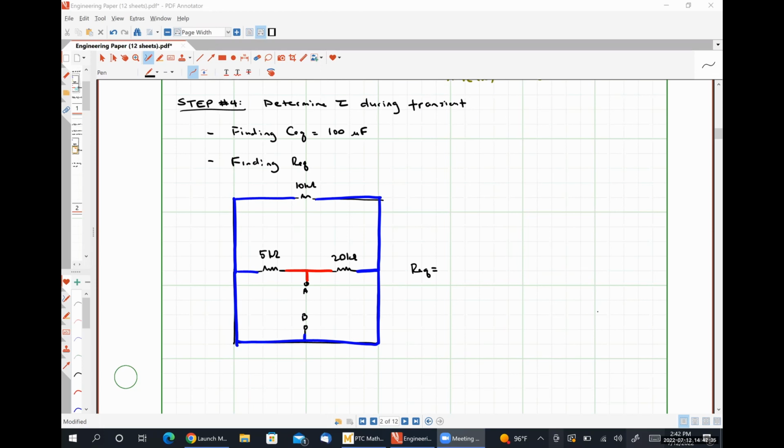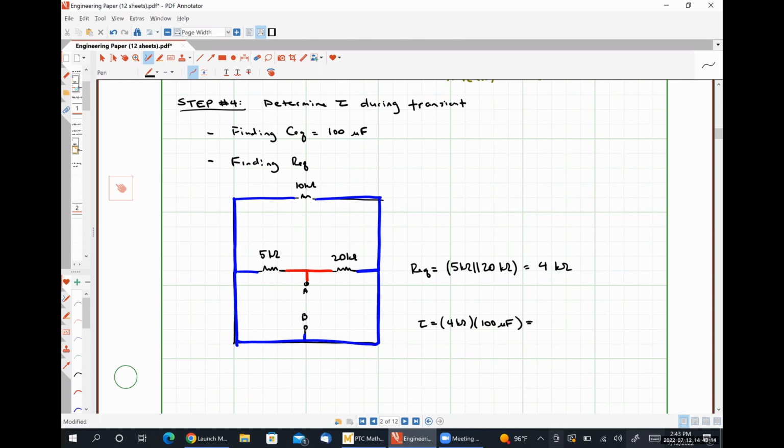So our equivalent resistance is 5 kiloohms parallel with 20 kiloohms, which I believe comes out to be 4 kiloohms if my mental math is correct. 5 times 20 is 100, divided by 5 plus 20, so 100 over 25 seems like 4 to me. From here, our time constant tau is 4 kiloohms times 100 microfarads.